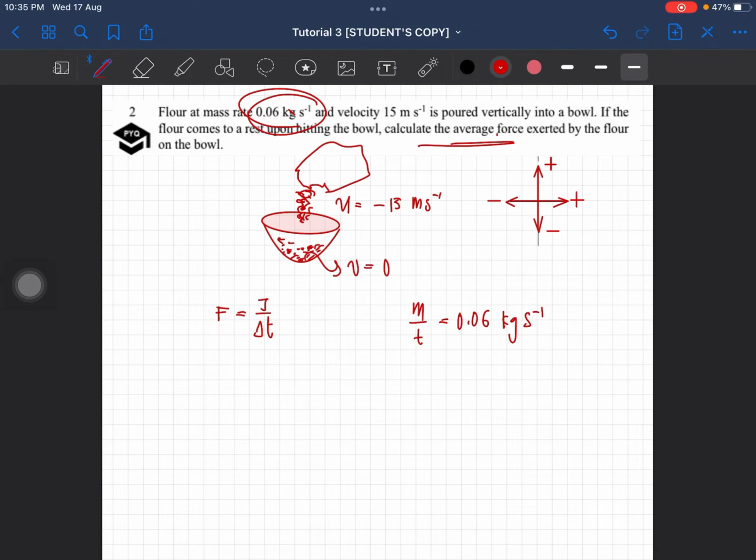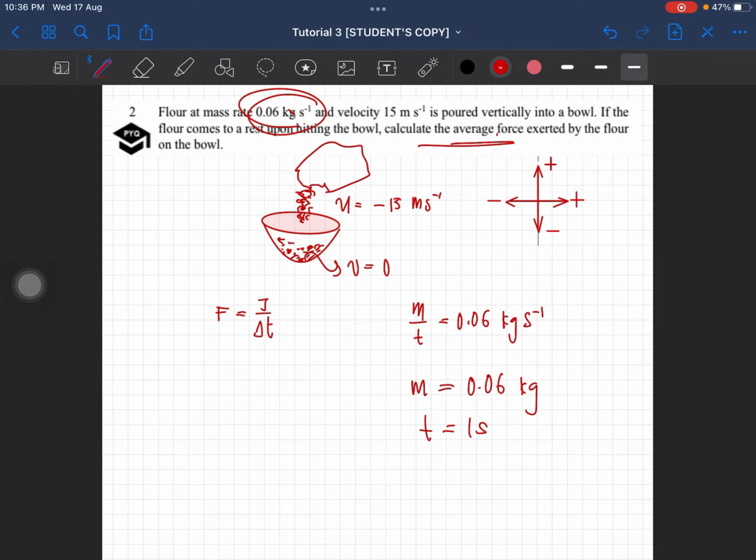Okay, so per second meaning its mass is equal to 0.06 kilogram when t is equal to 1 second. Okay, so that is the relationship for this mass rate.